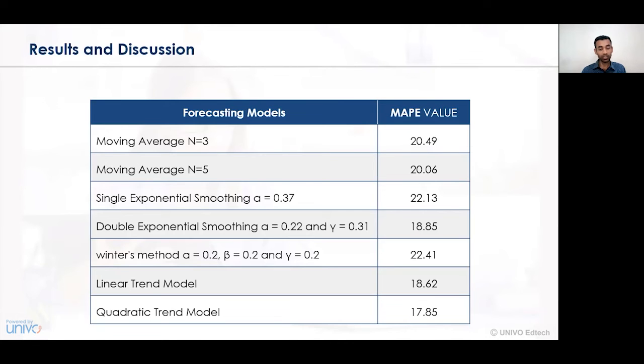The Winters method, with alpha 0.2, beta 0.2, and gamma 0.2, is 22.41. For the linear trend model, the MAPE value is 18.62, and for the quadratic trend model, the MAPE value is 17.85. So these were the results and discussion after implementation of all 5 cases, that is case number 1, 2, 3, 4, and 5.